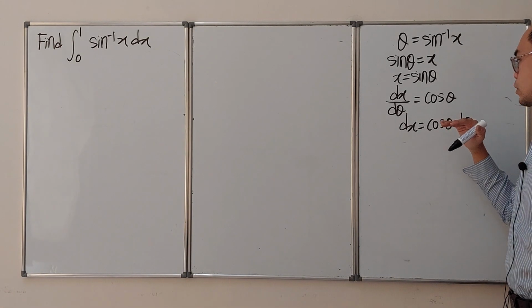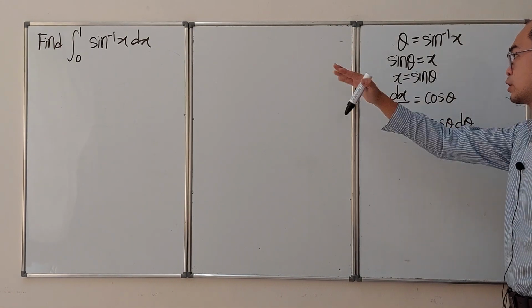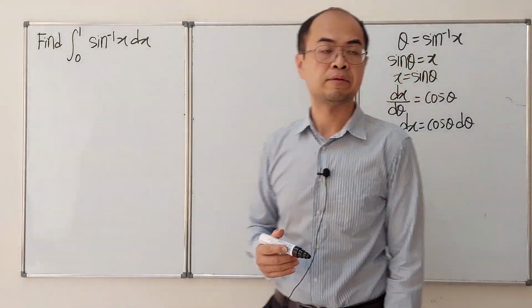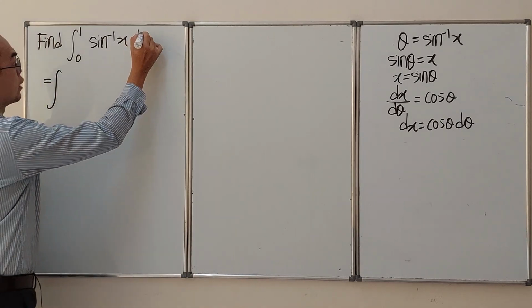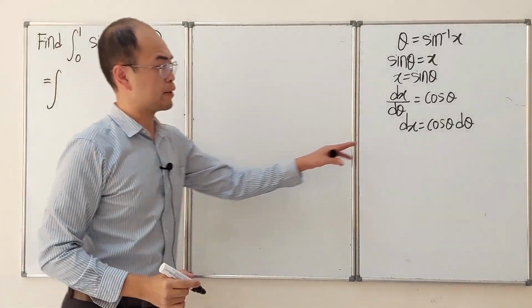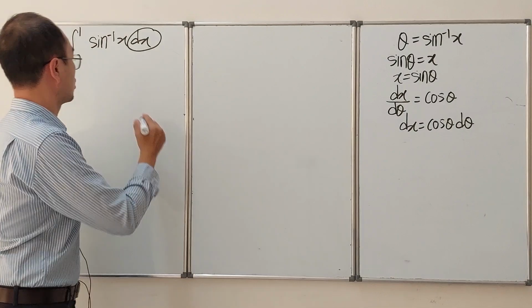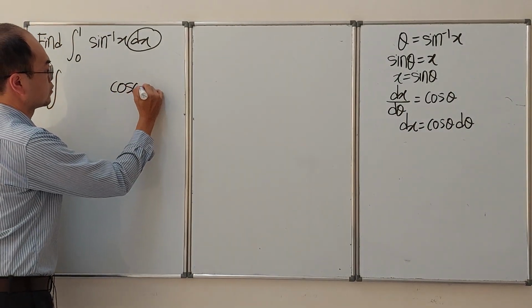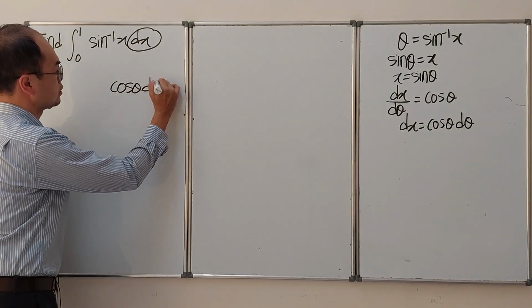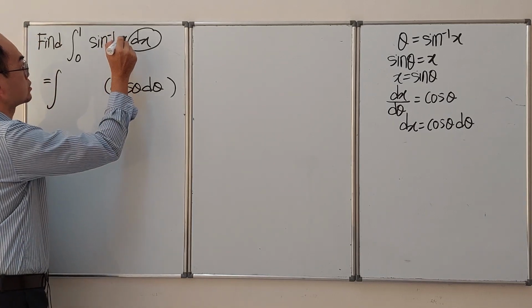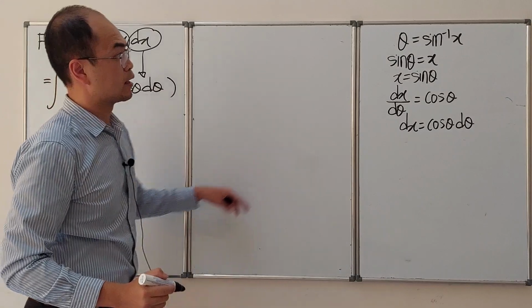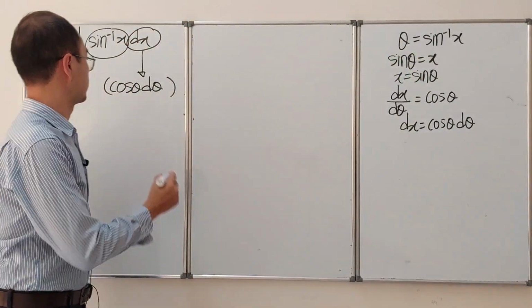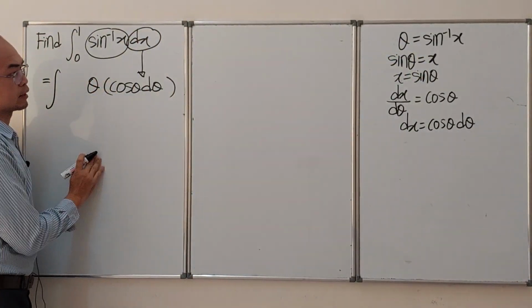So now I can try to substitute the function in terms of theta. dx can be substituted with cos theta d theta, whereas the inverse of sine x can be replaced by theta.